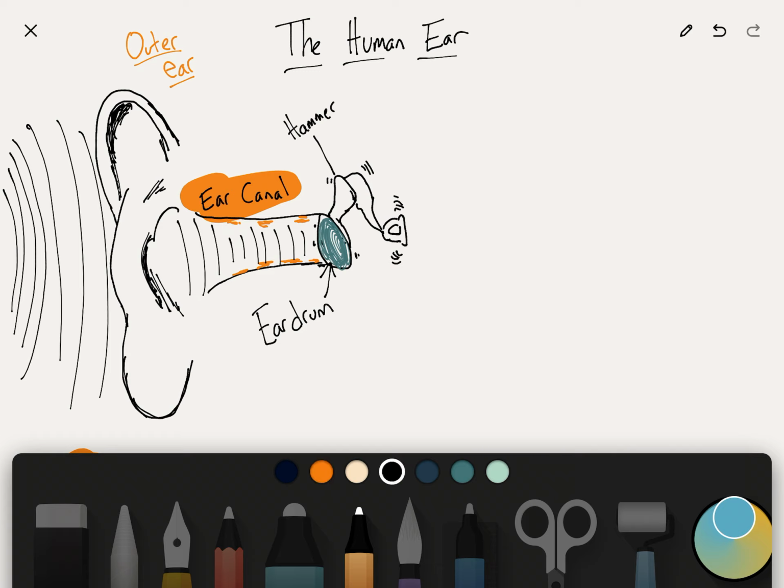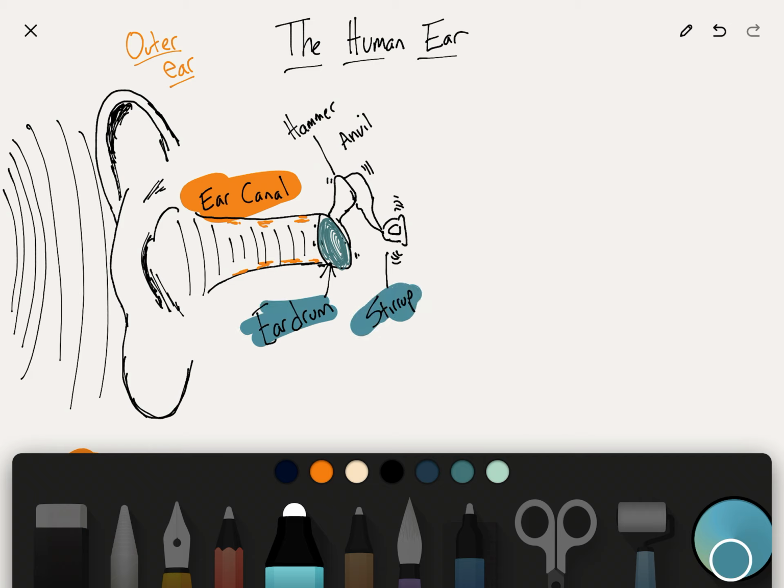Then inside here we have the hammer, the anvil, and the stirrup. Okay, so the eardrum, the hammer, the anvil, and the stirrup, let's go with this color, those are what we would call the middle ear. Okay.